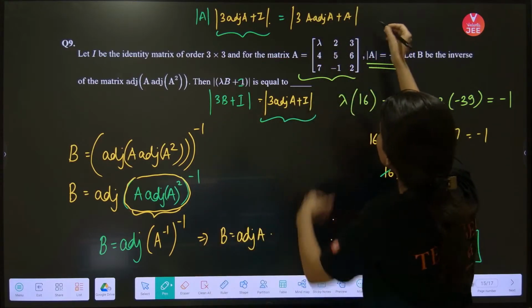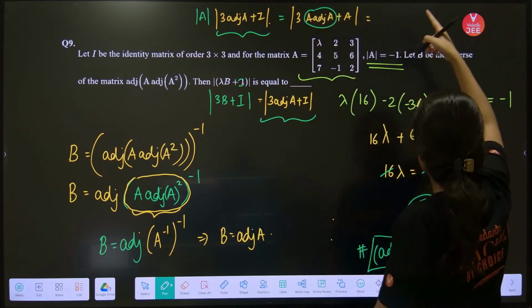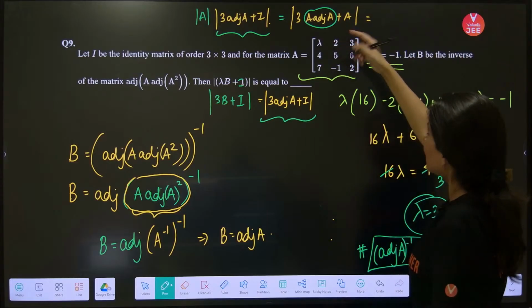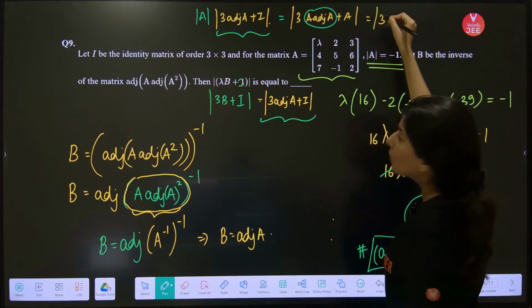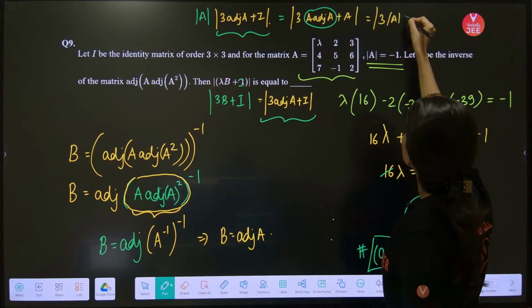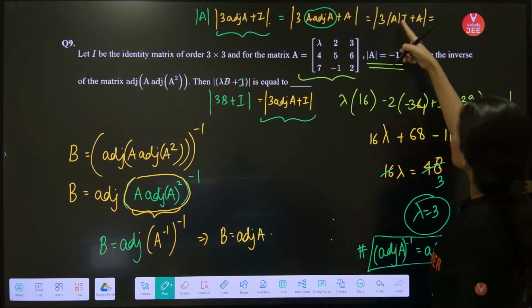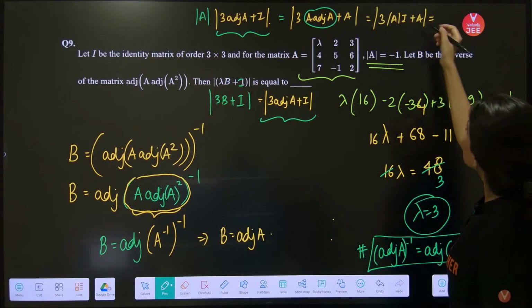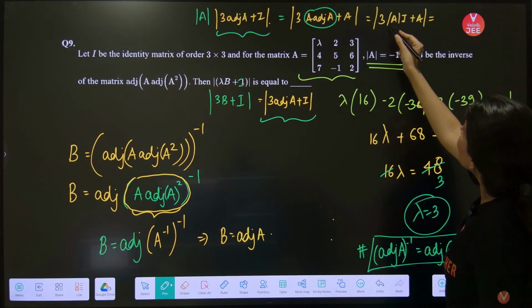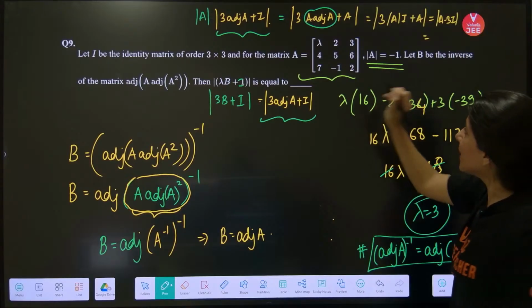Now this part, you know the property: A times adjoint A is nothing but determinant A into I, plus this is just A. Determinant A is -1, so this is going to be -3I. So this is A minus 3I, so determinant of A minus 3I.